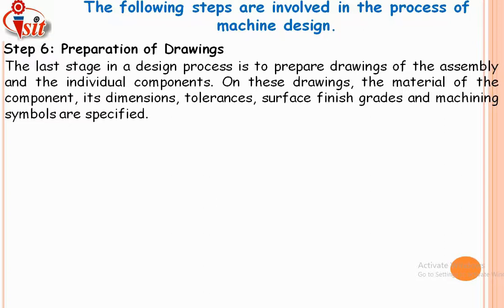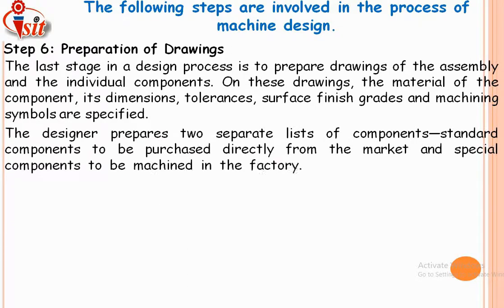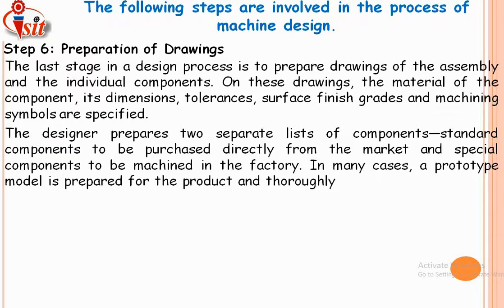This is one of the most important steps, that is the preparation of the drawing by considering the dimensions of the component. After preparing the drawing, the designer prepares two separate lists of components. That is the standard components to be purchased directly from the market and special components to be machined in the factory.